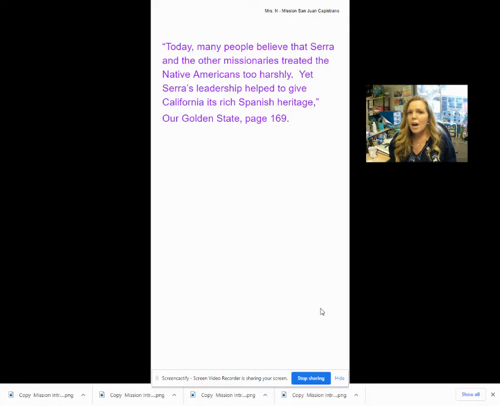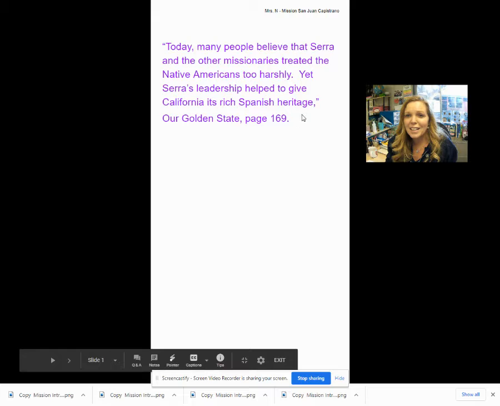Okay, so I also cited where I got that quote from, and in this case, I got it from our textbook, Our Golden State. I found the quote on page 169. So you see here that I included a comma after the direct quote.